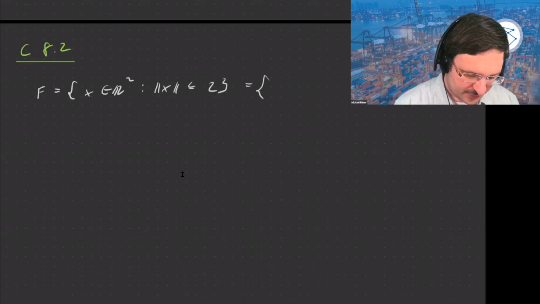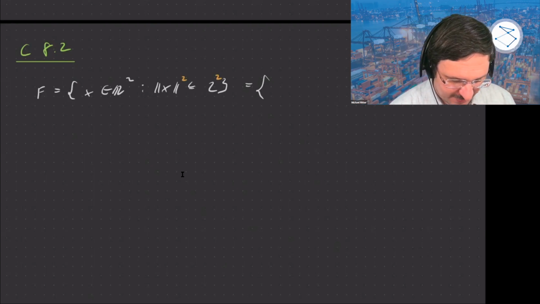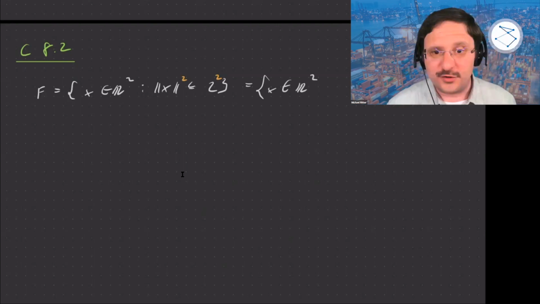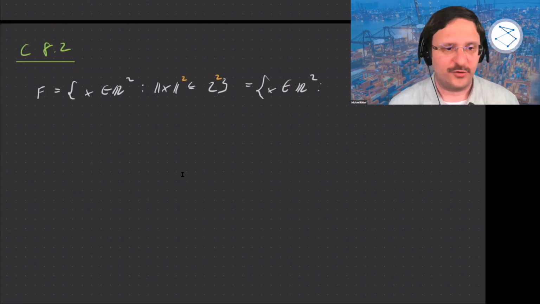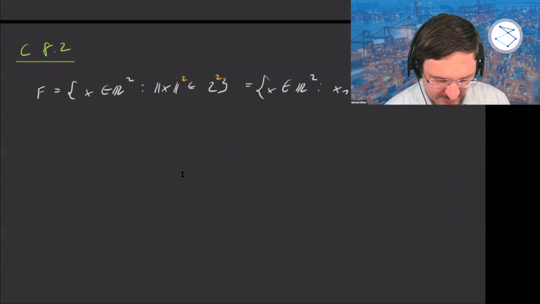And of course, you could again rewrite that as norm squared is less or equal to 2 squared. I'm going to do that for the very same reason: I don't want to deal with square roots. But of course, you could do it the other way, it will yield the same results. So the norm of x squared is simply x1 squared plus x2 squared, and that's less or equal to 2 squared, which is 4.